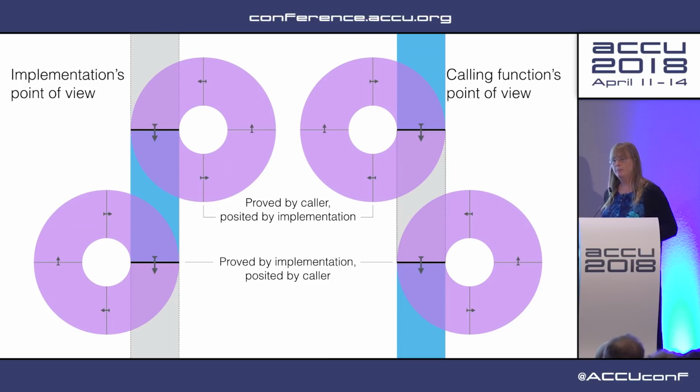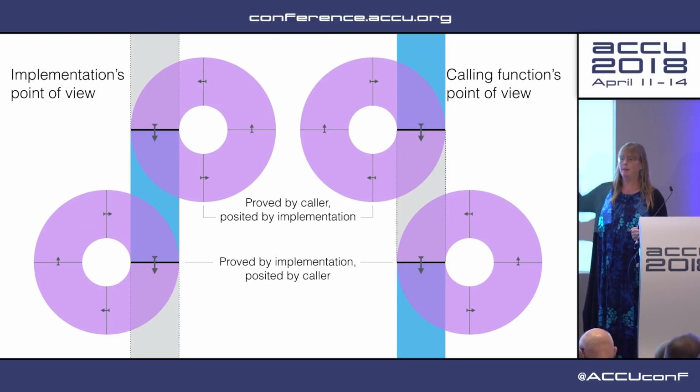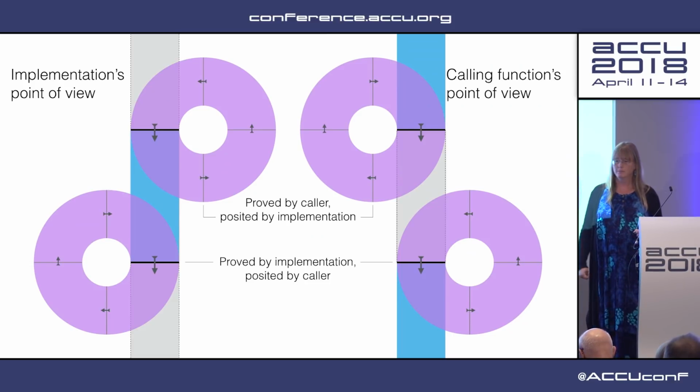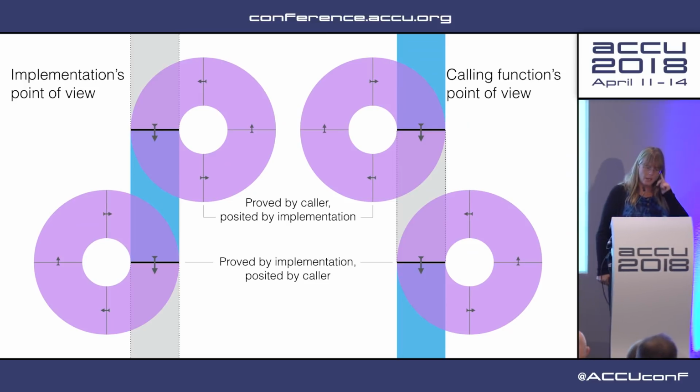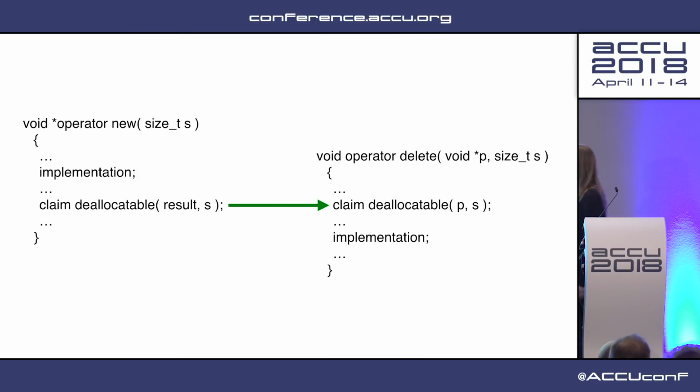The logic of the capabilities is similar. Certainly, the caller has to provide these capabilities, and the implementation has to provide these capabilities. But there's a little weirdness to it, so let's take a look at that. Here's a particular capability, deallocatable.